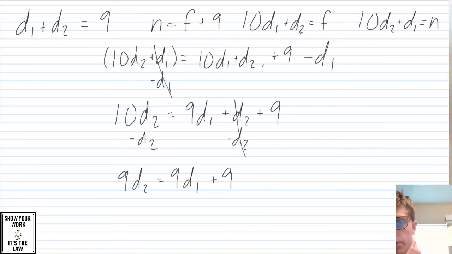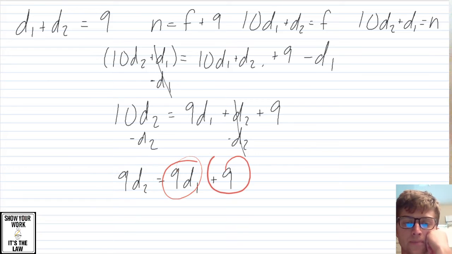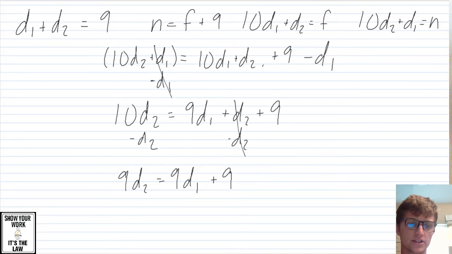The point is, what we do to one side, we got to do to the other. So if these all have 9, they've technically all been multiplied by 9. So as long as we divide everything by 9, we can do that. And that's technically, in this case, getting d2 by itself. We can divide by 9, and what we do to one side, we'll do to the whole other side.